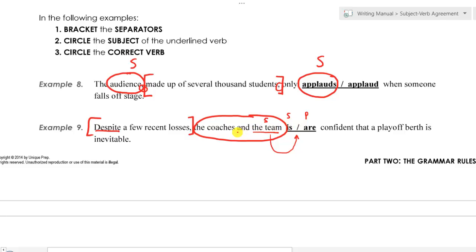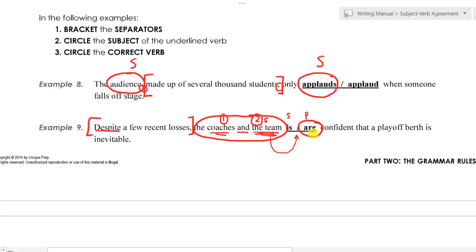However, what you actually have here is a compound subject joined by and, so here's your two nouns in the compound subject, the coaches and the team. That is going to supersede the fact that you have this singular team. You have a plural subject made up of multiple coaches and the team, so you need the plural verb here, are. The coaches and the team are confident, not the coaches and the team is confident.